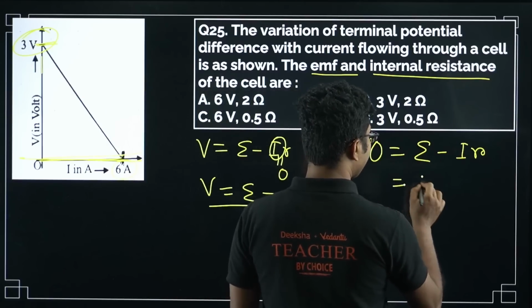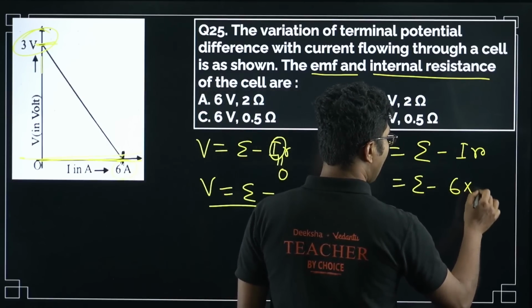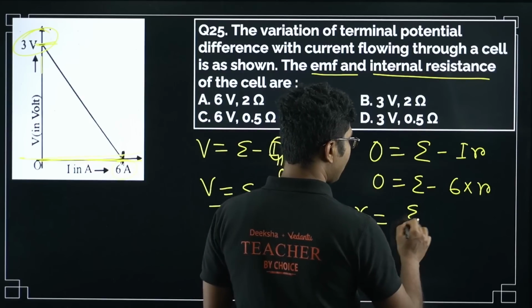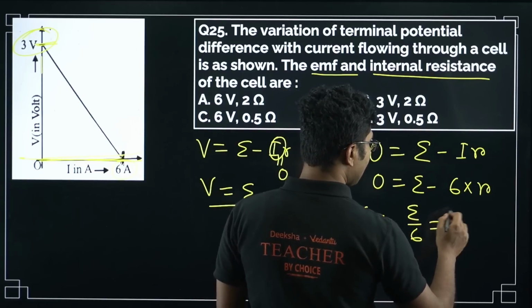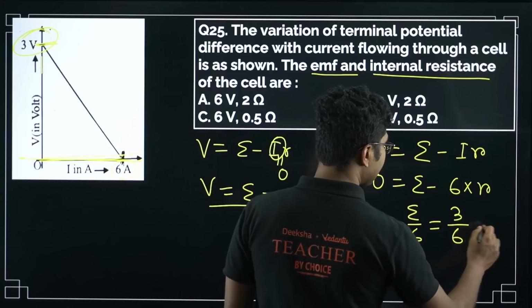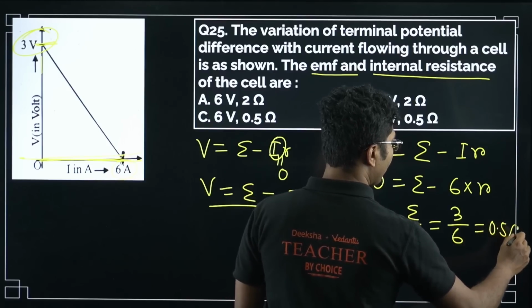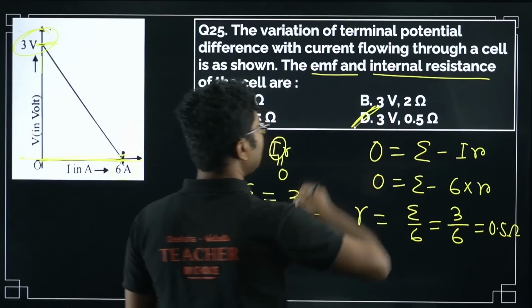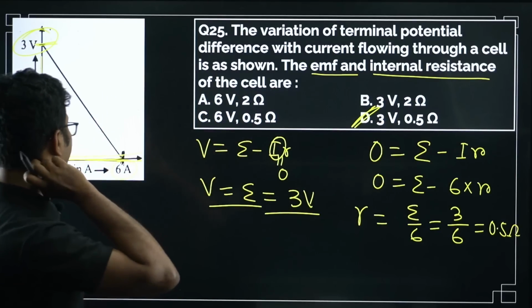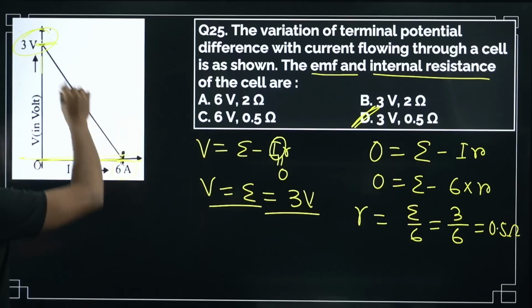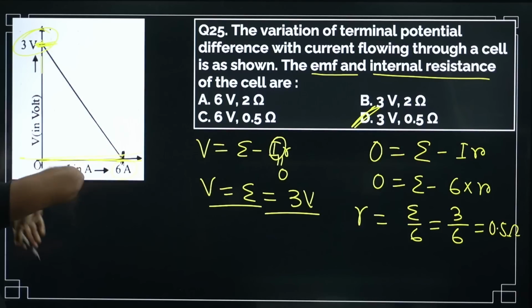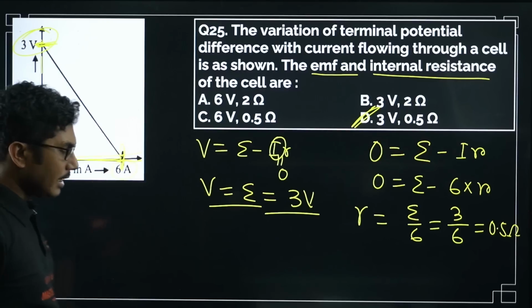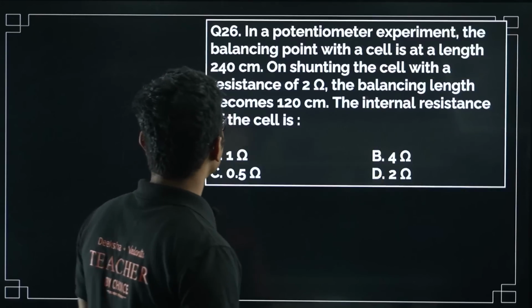So epsilon minus 6 into r equals 0, so r equals epsilon by 6. Epsilon is 3 volt divided by 6, that is 0.5 ohm. So the internal resistance is 0.5 ohm and the EMF is 3 volt. From this point you get the EMF of the battery, and from this point you get the internal resistance of the battery.